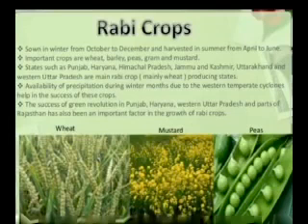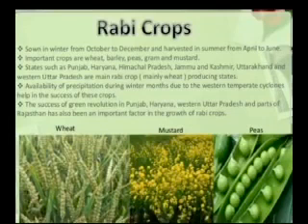The states where Rabi crops are grown are Punjab, Haryana, Himachal Pradesh, Jammu and Kashmir, Uttarakhand, and Western Uttar Pradesh. Mainly, these states are wheat producing states.